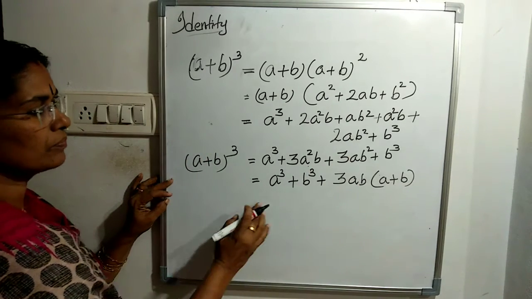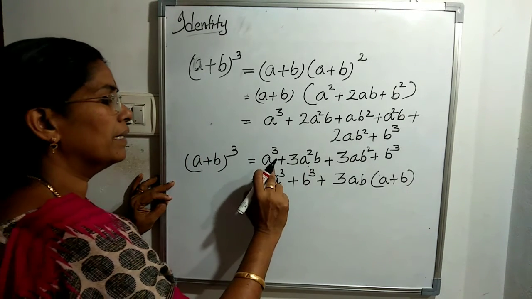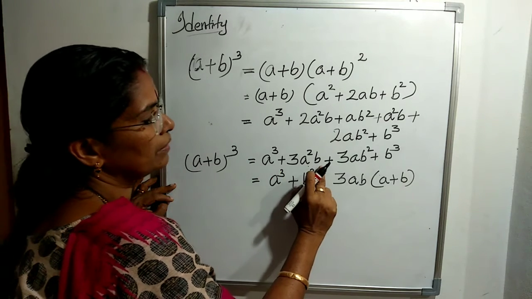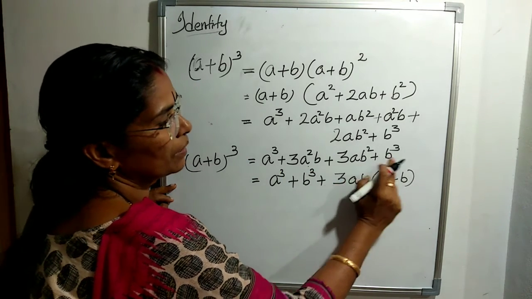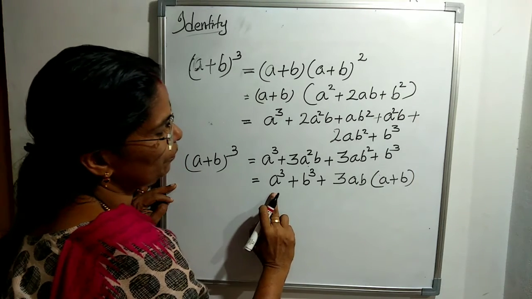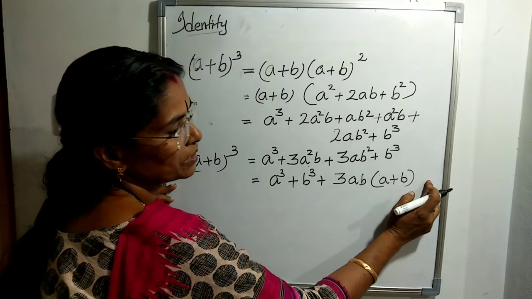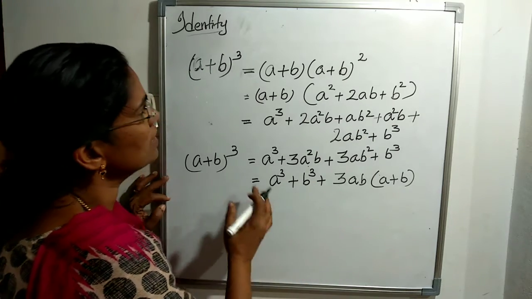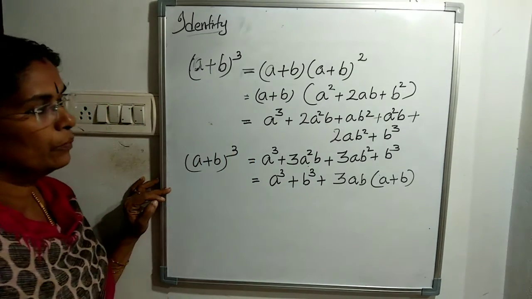It is the same. Better you learn this by heart: (a + b) whole cube is equal to a cube plus 3a square b plus 3ab square plus b cube, or a cube plus b cube plus 3ab into (a + b). Both are the same. So today's first identity is (a + b) whole cube.